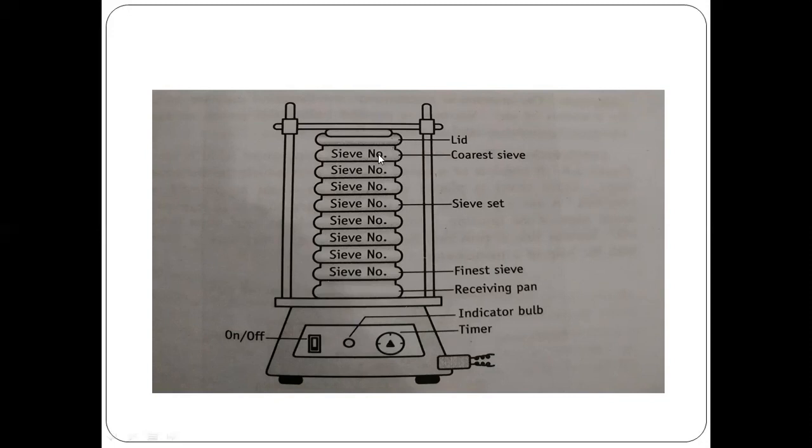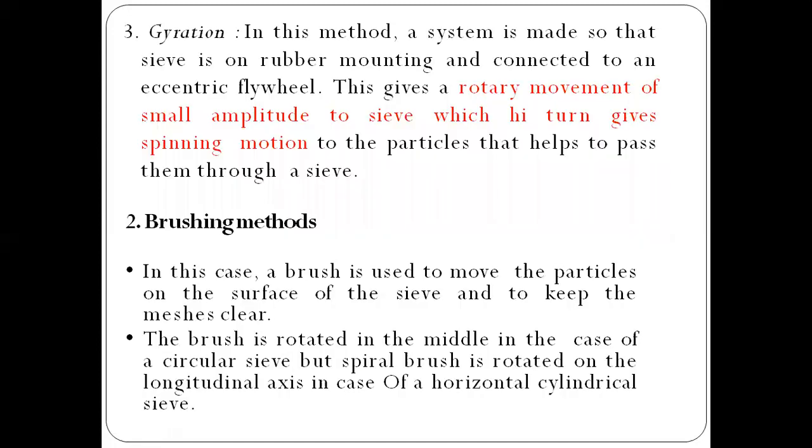This is the lid, this is the coarse sieve, this is the sieve set. This is the finest sieve which we have to put at the bottom. This is the receiving pan, indicator bulb and the timer, and this is the on off button. So this is a very simple equipment which is designed for the size separation process.